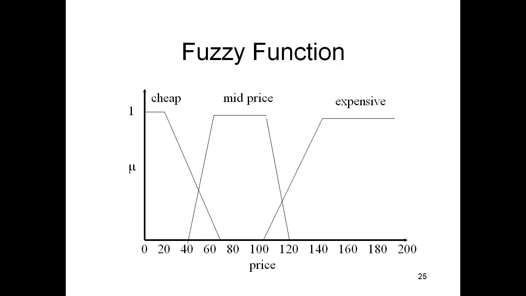Somewhere it would be 100%, and somewhere it would drop, for let's say 110. Some people would say still mid-price range, others not, and we would have a membership function of 0.5. For 110, let's say, we have a membership function of 0.2 for expensive and 0.7 for mid-price.